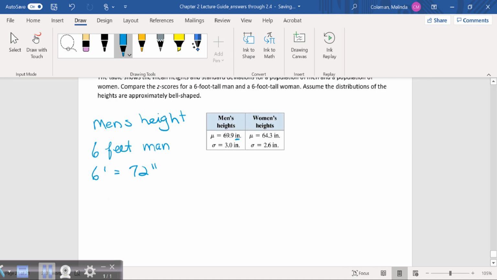So looking at a man, I'm going to take the 72. I'm going to subtract 69.9, divide it by 3.0. And that's going to tell me that I have 0.7.